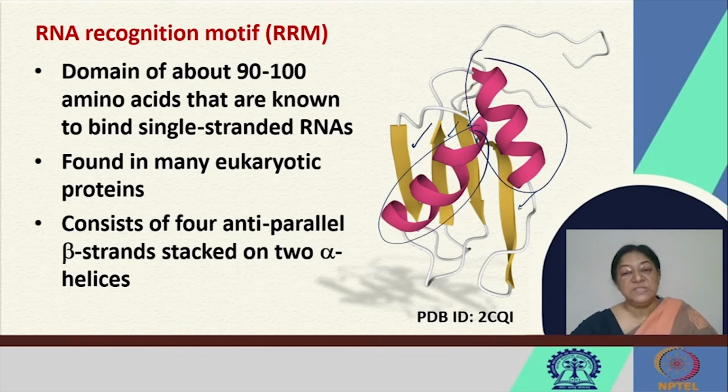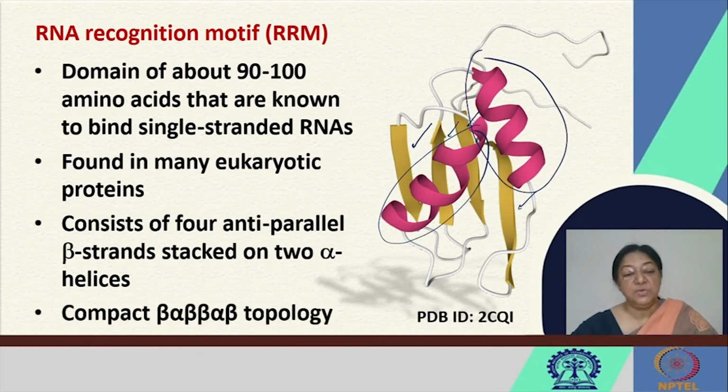recognition motif, specific domain. It is referred to as the beta alpha beta beta alpha beta. Now, it is important to realize that the RNA structure, whether it is the backbone or the specific residues involved, will be interacting with the recognition motifs that we have.